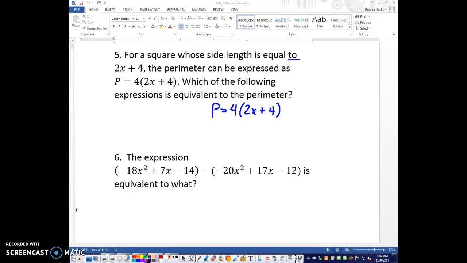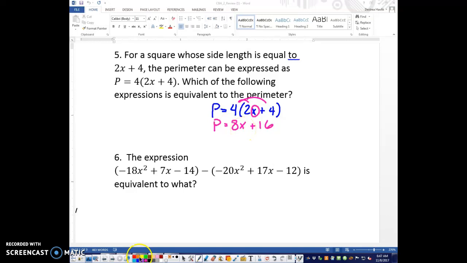Okay, so we're trying to get x by itself. All right. So first, let's distribute first. So p equals 8x plus 16.